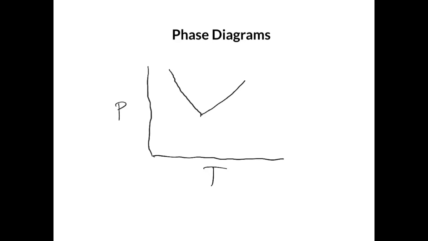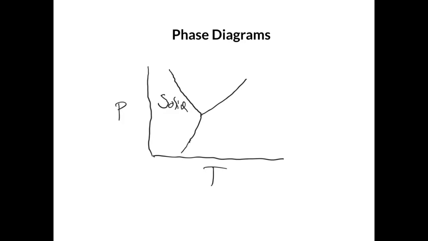And the way they all will be pretty much depends on the material. Water looks a little bit like this, where you can draw a Y, and each of the lines here represents a phase boundary. I'll talk about that, but when you have different pressures versus temperature, you'll get different phases. So the leftmost phase is going to be your solid.